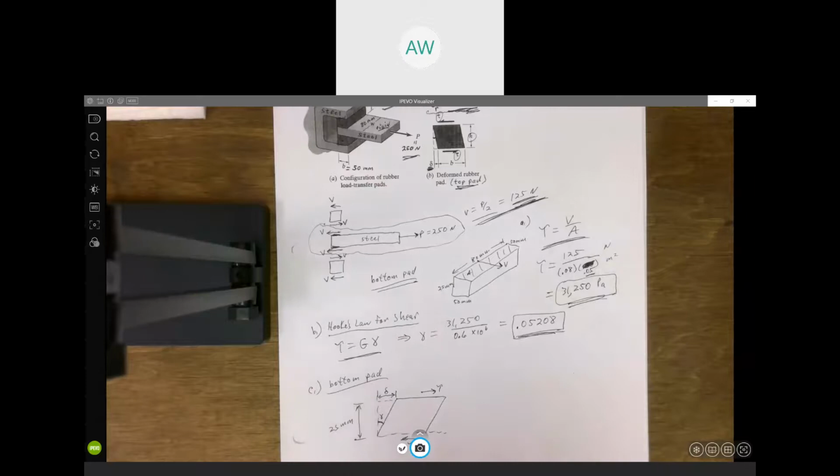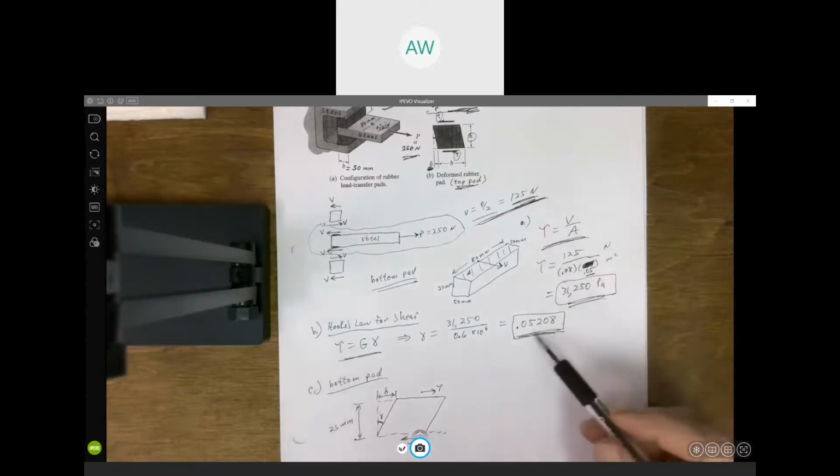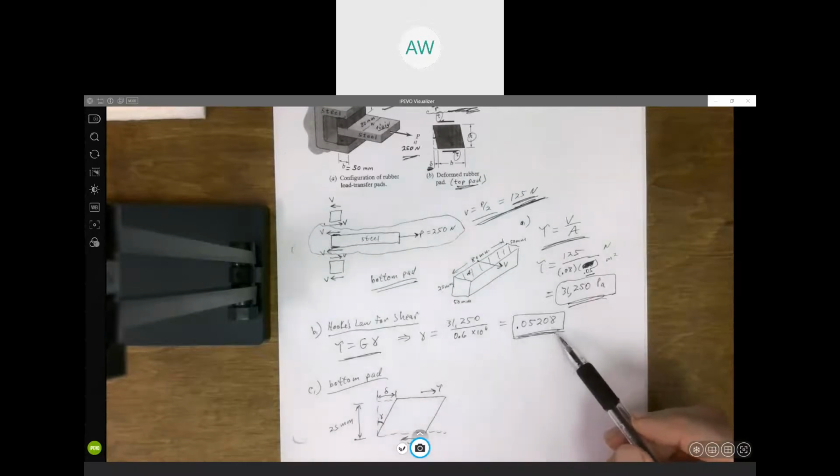All right. Well, we kind of discussed this a little bit when we first talked about shear strain, and that is, as long as we're talking about really, really small deformation, and I don't know what 0.052 radians converts to in degrees. If somebody's out there with a calculator, convert that to degrees and tell me. I know it's small, right?